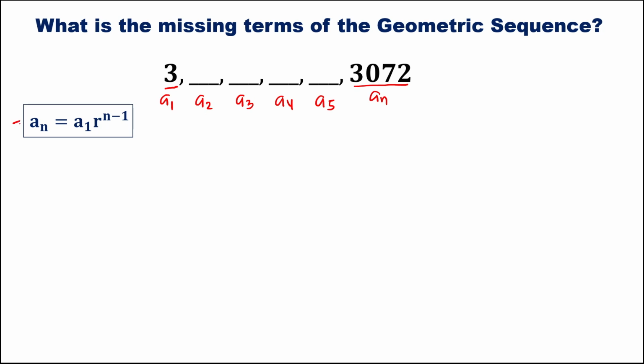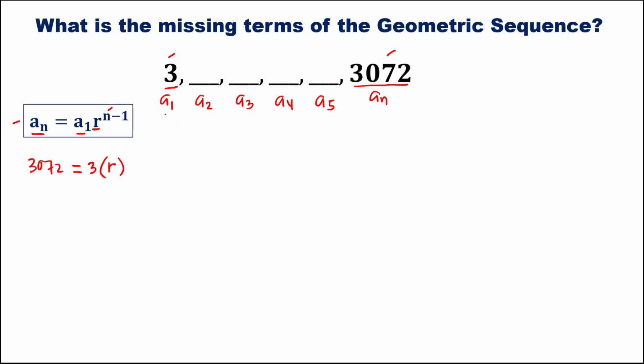So from this formula, first, we need to find the common ratio. Since a sub n, or the last term, is 3072, then that equals a sub 1, the first term, that's 3, times the common ratio, with n as the number of terms.